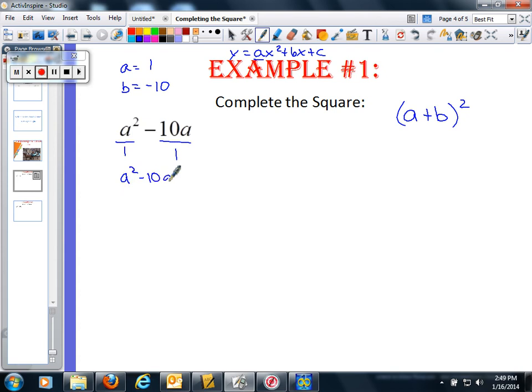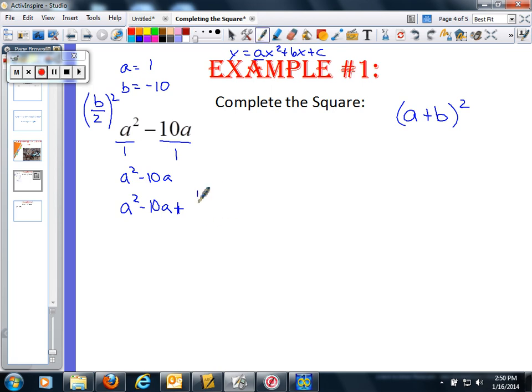Okay? Now, to find this, I'm going to do b divided by 2, and I'm going to square it. So to find this number here, I'm going to take half of 10. So half of 10 is going to be negative 5, let me rewrite that.